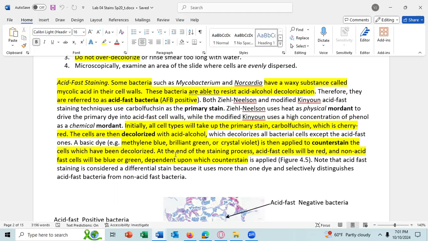You then stain the cells with a dye, either methylene blue or brilliant green or crystal violet. It's almost always methylene blue or brilliant green as a counterstain to colorize the decolorized cells, meaning the acid-fast negative cells. You want them stained. At the end of the staining process, the acid-fast cells will stain red. The non-acid-fast cells will be blue or green in color, depending on which counterstain was used.